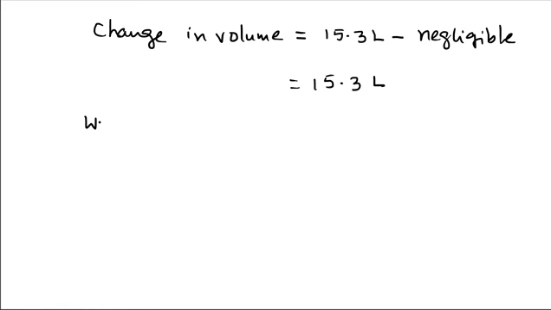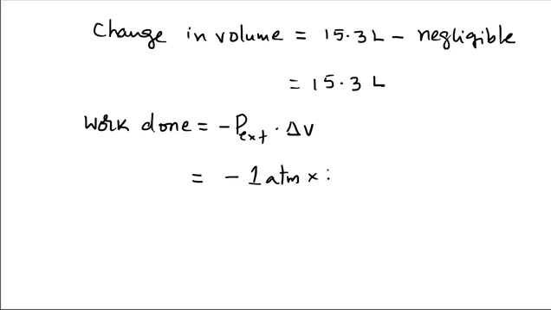Now we have a volume change. What is the work done? Work done is equal to P external times delta V. Now what is the sign of the work here? Here, work is done by the system, so we must use the negative sign. So that's going to be negative P external, and the external pressure is 1 atmosphere, times 15.3 liters.